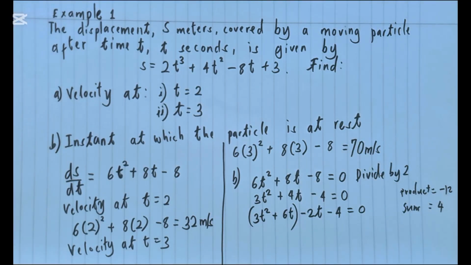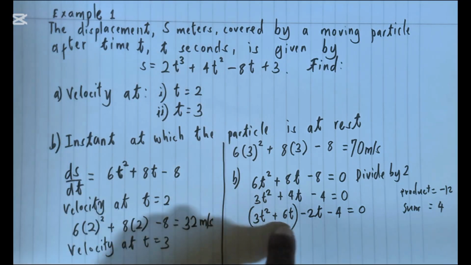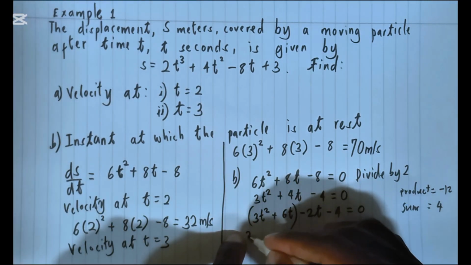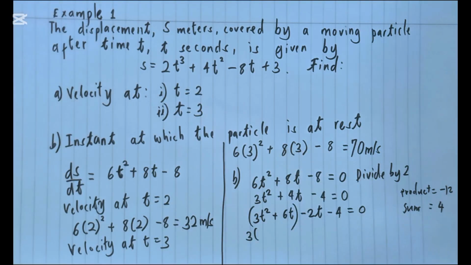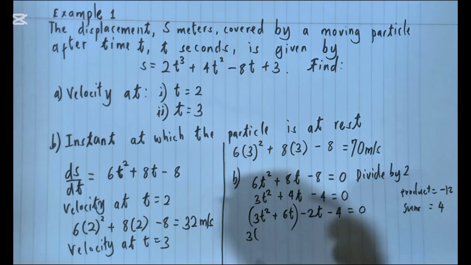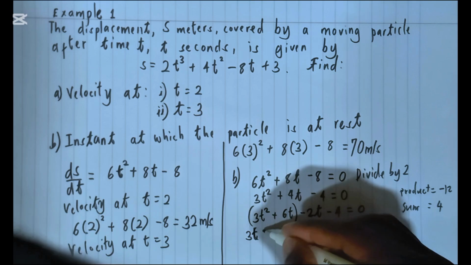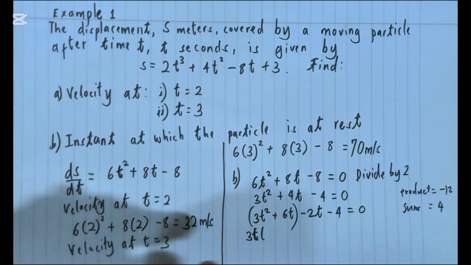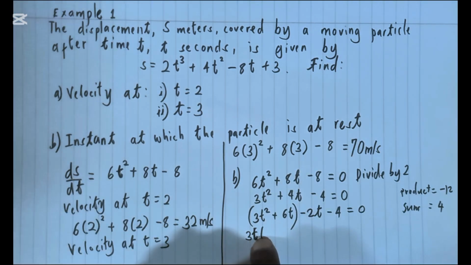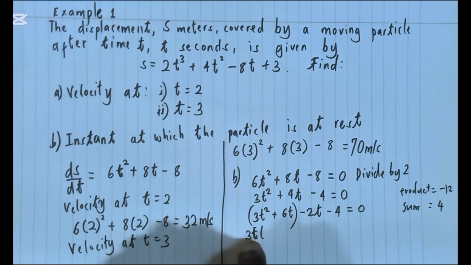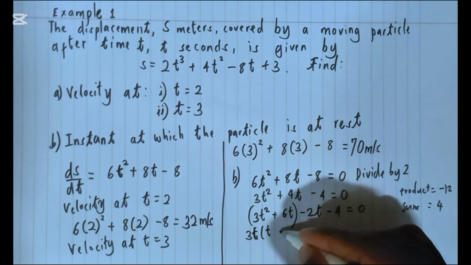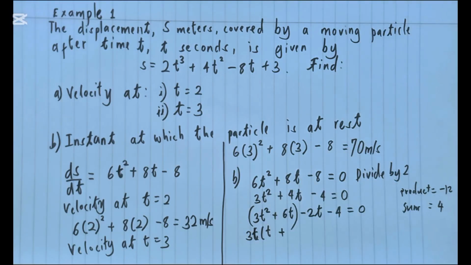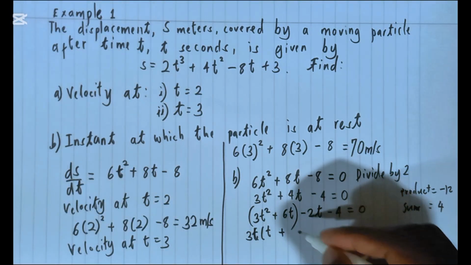Then when you pair those two there, 3t is the common factor, so it's going to be 3t squared divided by 3t, that is t, plus 6t divided by 3t, which will give you 2.